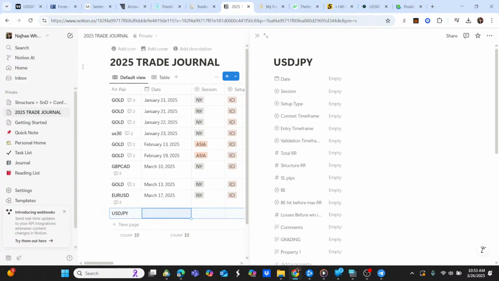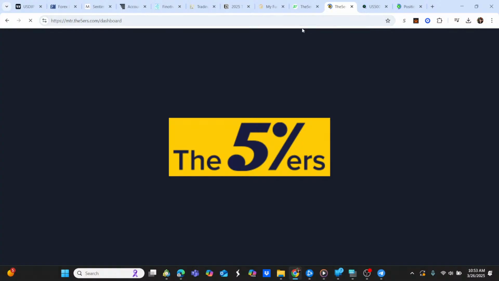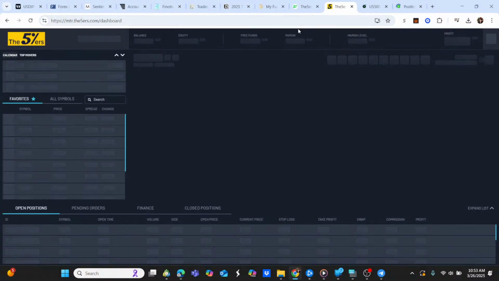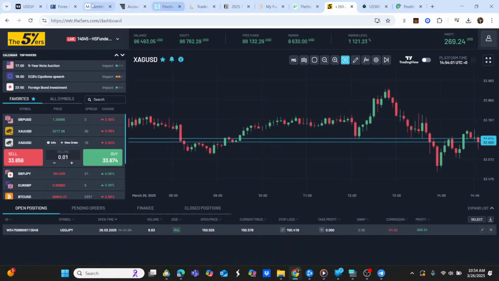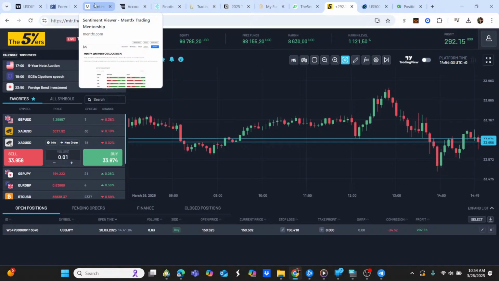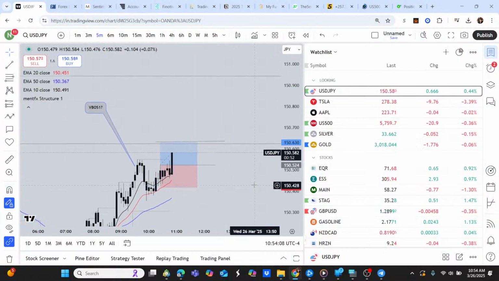Yeah, that is pushing. Wait, hold on, let me show y'all. It's pushing up right now. Before I put it in my journal, since it's so close, I'm gonna get ready to break even the trade.